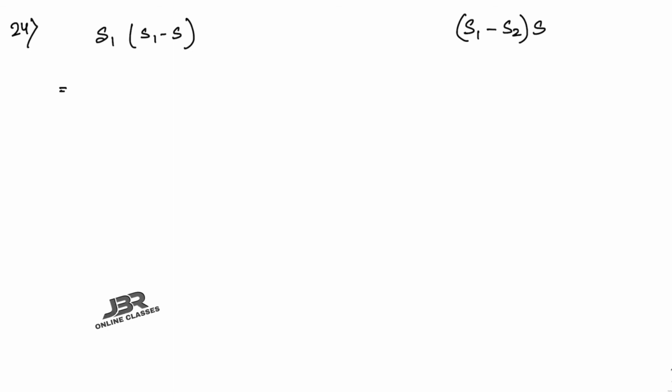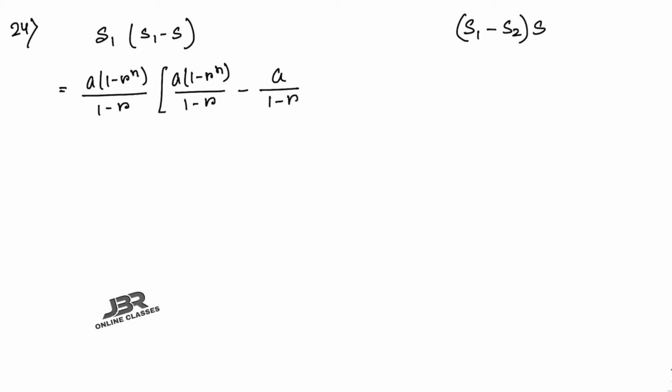So you know the formula: a into 1 minus r to the power n divided by 1 minus r. And S denotes the sum of an infinite number of terms, so a by 1 minus r.